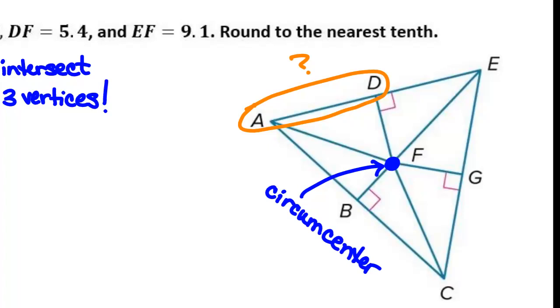So which segments are going to be the same size? It's equidistant from the 3 vertices.